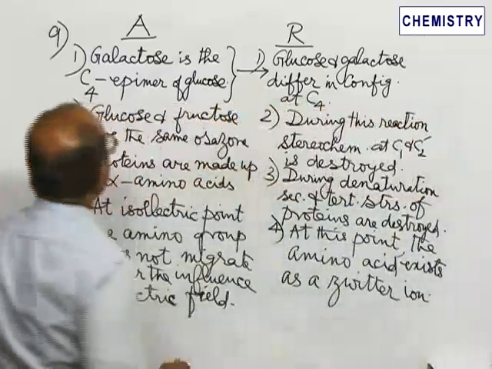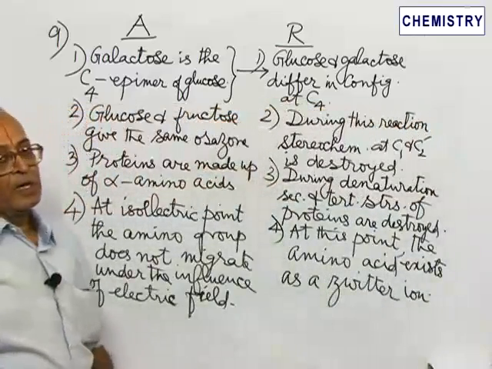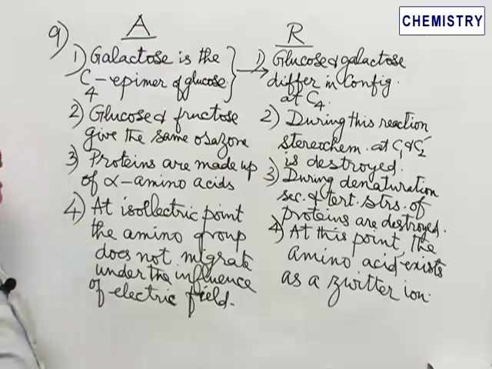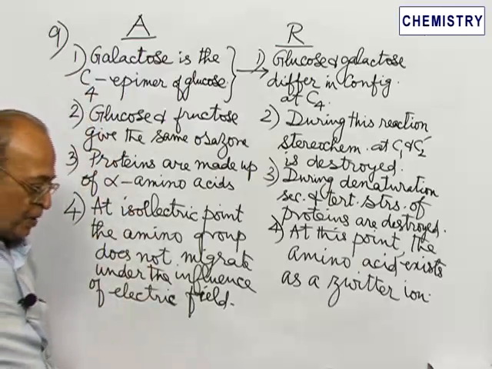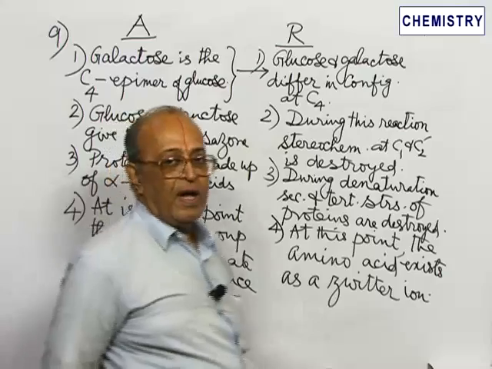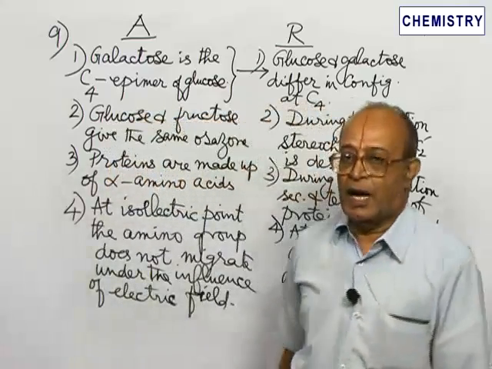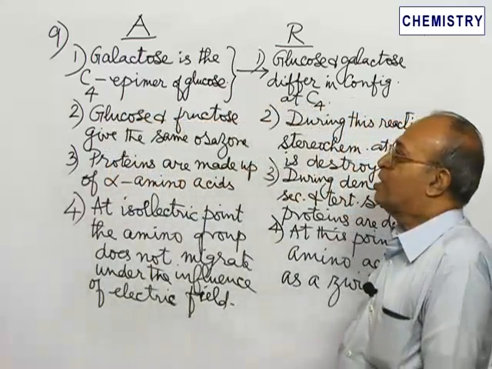Now let us consider column A, number 1. Just now in the previous problem we have seen examples of anomers and epimers.